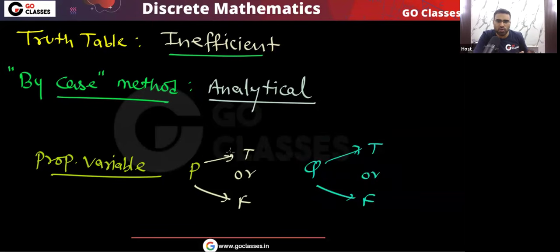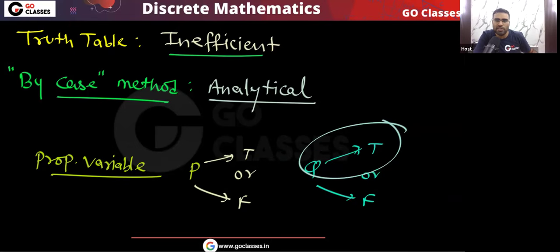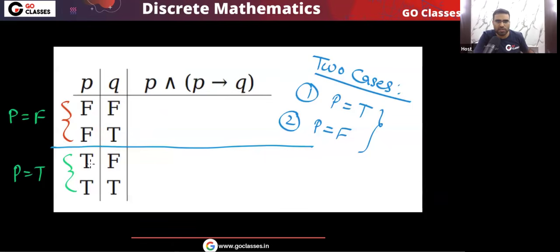So remember, you can take any propositional variable, p or q, but whenever you take one, consider both possibilities, true and false, because then you are considering all the possibilities. When I consider p true, p false, I am covering all the possibilities. When I consider p equal to false, then these two possibilities I am covering.